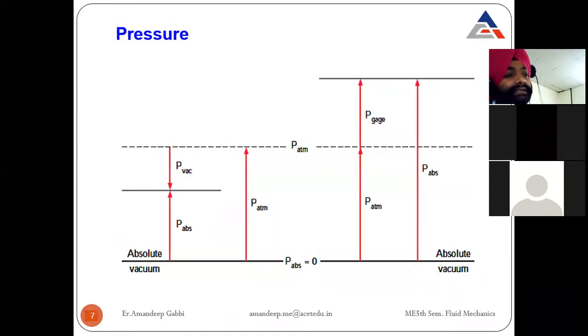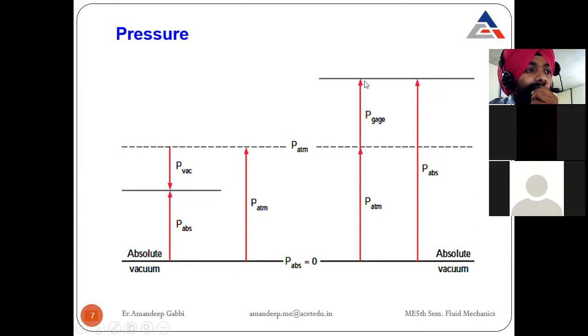So this is the diagram that represents what vacuum pressure is and what absolute pressure is. This is the absolute vacuum pressure; you can call it zero pressure. And the dotted line represents atmospheric pressure.